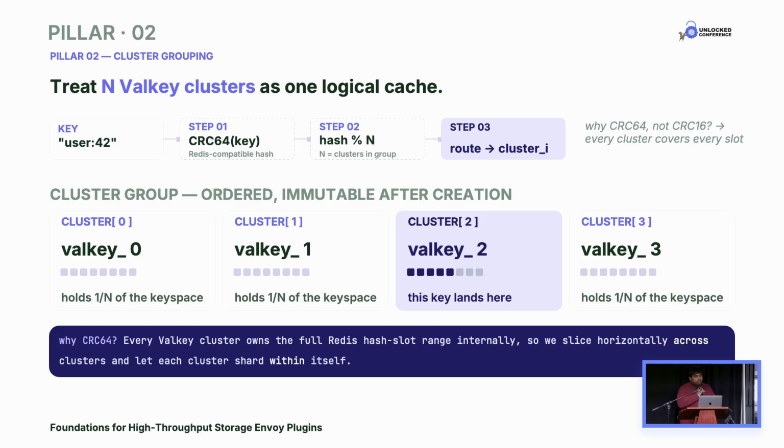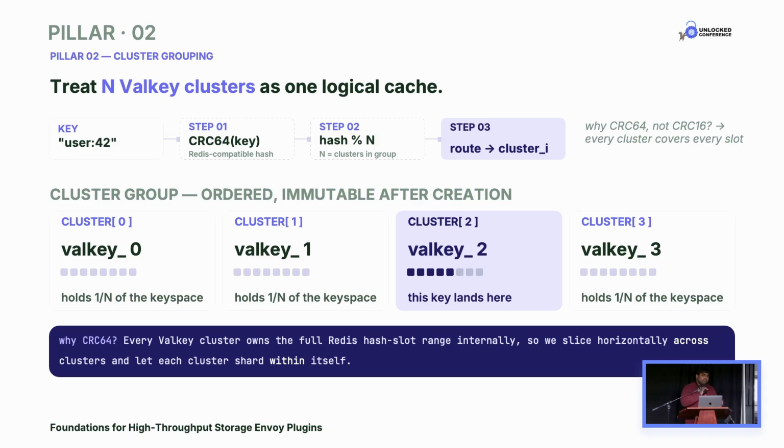So we built something called a cluster group, where we have an array of cache instances which are static, and the ordering matters. At bootstrap time we configure this, and we hash the request key uniformly across these caches, and we use that hash to route the request to one of the caches in the cluster group.